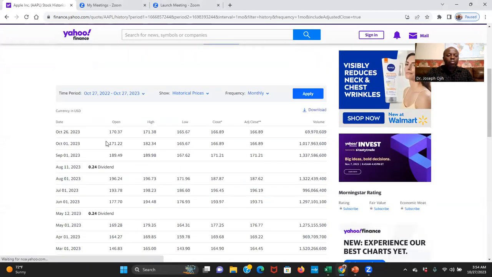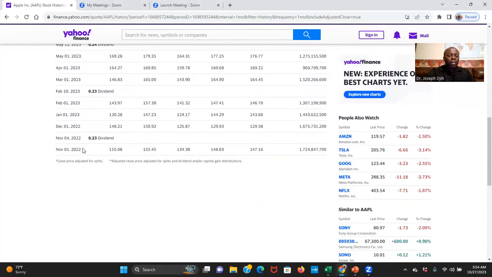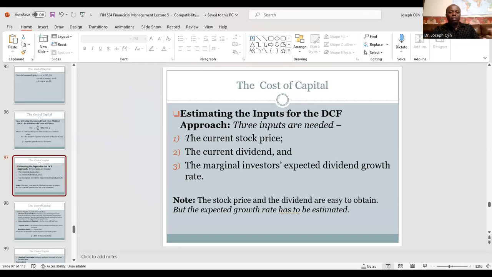Apple paid a dividend of 24 cents per share in August of 2023, and in November of 2022, they paid 23 cents per share. So what I'm trying to say here is that the first two inputs that we need, the current price and the current dividends, we can get easily.